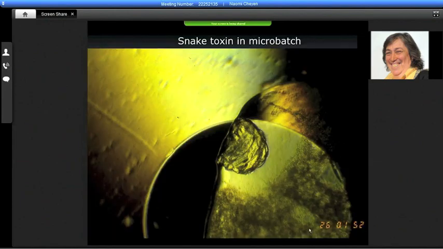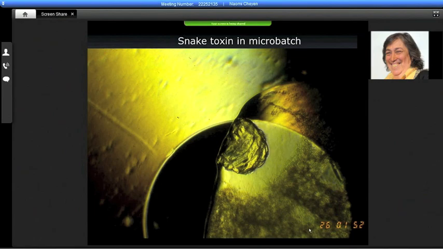And then there was another, a snake toxin, and by that time we had the robot, and it was much easier to do the screening in microbatch. This was again before the days of all this nano screening in vapor diffusion. Microbatch was one of the first that let you work with those very small quantities, and it was easy to screen.